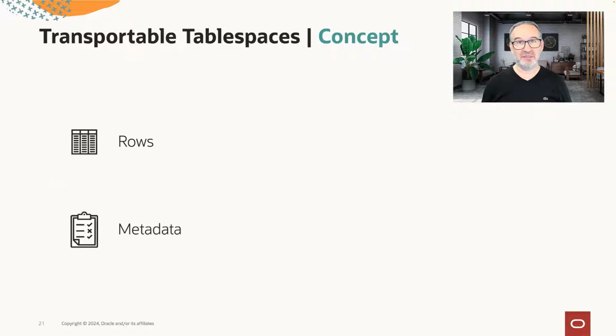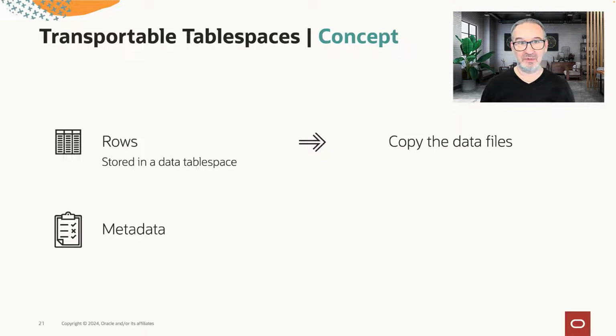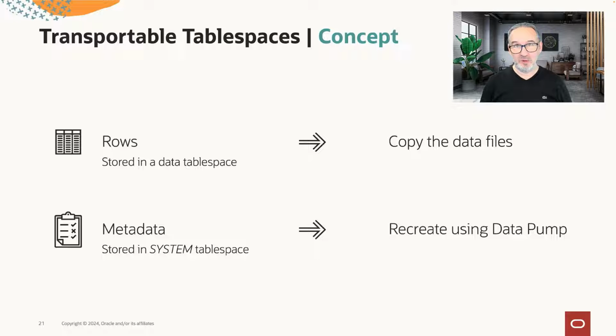When we discuss now transportable tablespaces or full transportable export/import, we can move everything in rows, your actual data, which is stored in data tablespaces, by copying the data files. While for the metadata, which is stored in SYSTEM and SYSAUX, but mostly in the SYSTEM tablespace, and SYSTEM and SYSAUX can't be taken read-only, so we need to find a way, and we use here Data Pump to recreate that information in your target database.